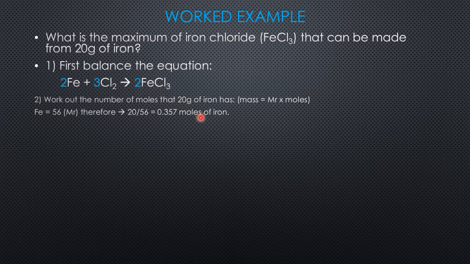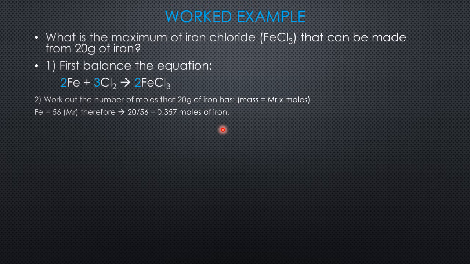Next, we need to work out the number of moles that 20 grams of iron has, and we can do that using the formula that we've previously come across, which is mass is equal to Mr times moles.